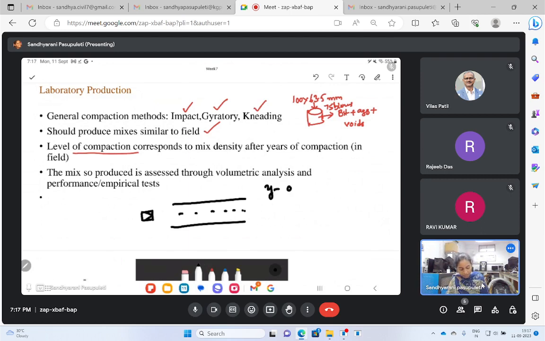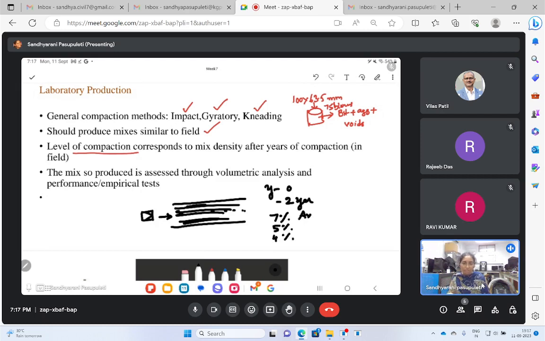What happens after 2 years? The air voids present in this bituminous mixture will be reduced because the vehicular loads are coming and further compacting it. Initially let us say there are around 7% air voids. After a few years it can be 5%. Then again after a few years it will be 4%.